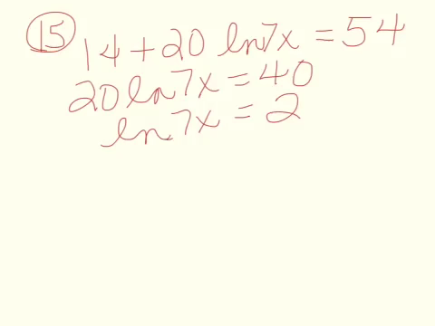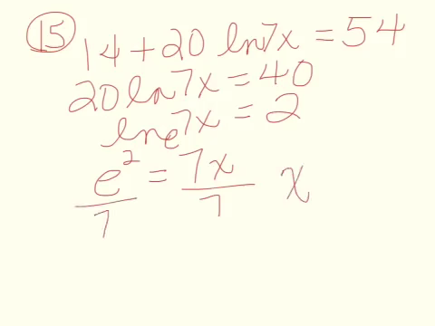Well, this is ln, understood to have a base of e. Write it in exponential form. Then to solve it for x, we'll divide by 7. So I'm good with x equals e squared over 7. And you could work that out on your calculator. Not too bad.